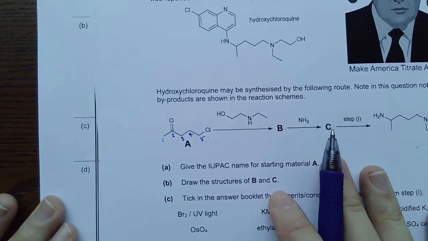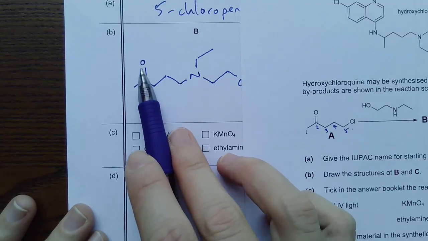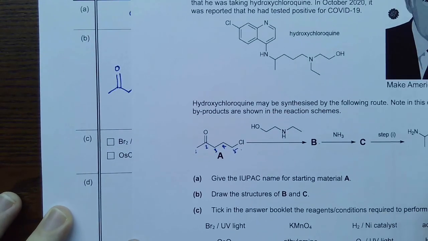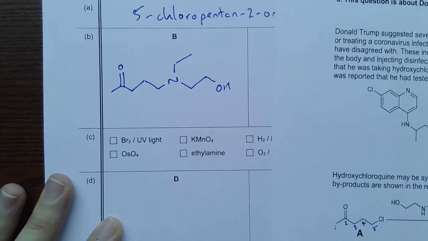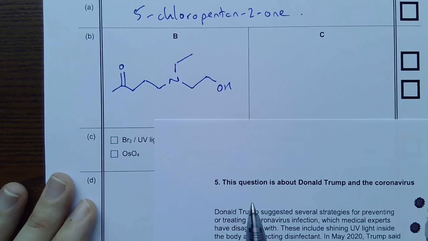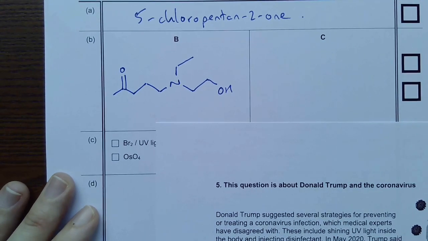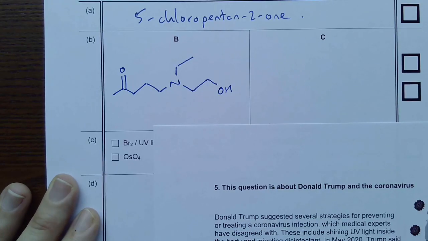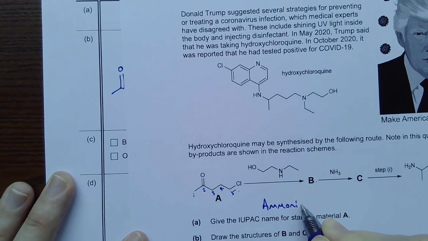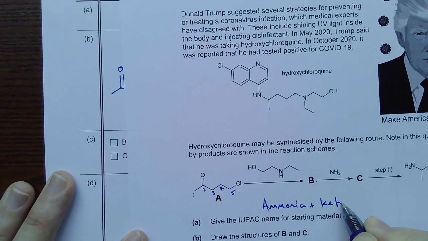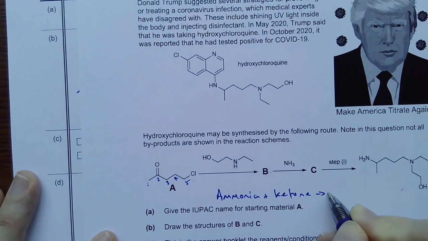So now we need to turn this part of the molecule into something else. Now this is a little bit tricky, because ammonia plus a ketone gives you an imine.